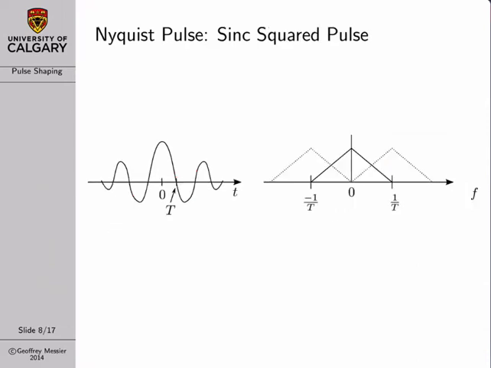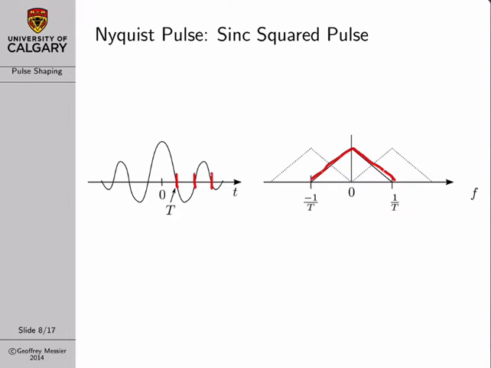The Sinc squared pulse is another example. It has a similar shape to the Sinc pulse, but its lobes are a little bit bigger because it's been squared. Again, its zero crossings are at T, 2T, 3T, and so on. In the frequency domain, a Sinc squared pulse has a triangular spectrum, and then the dotted lines represent the alias spectrum.